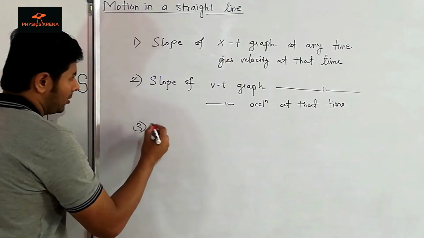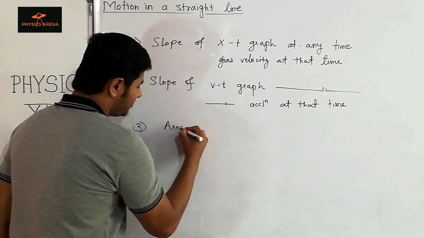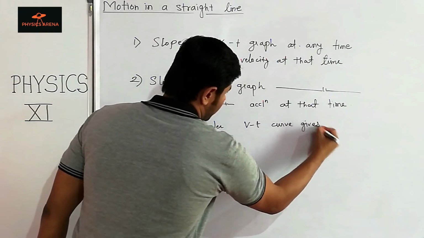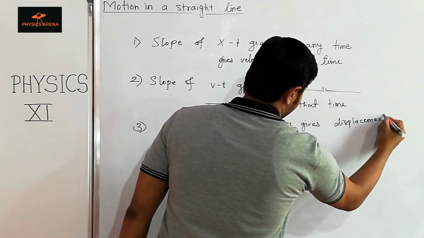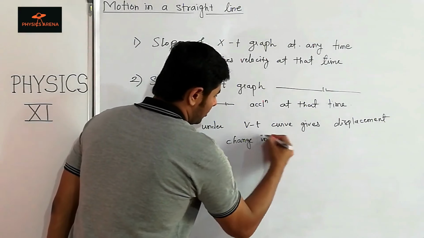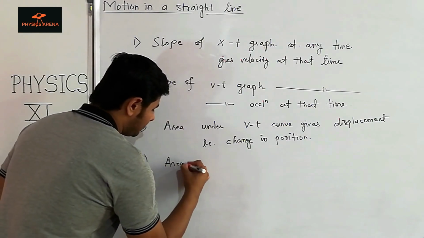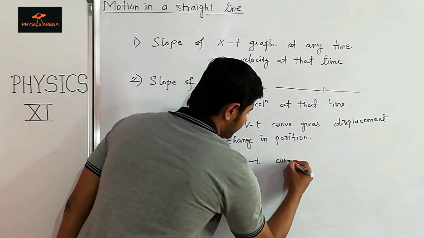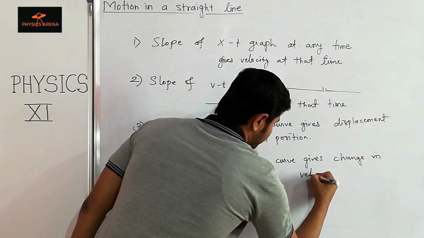Then we have the area under the vt graph, or area under the vt curve, gives displacement, or the change in position, and the next one is the area under the acceleration versus time curve gives the change in velocity.